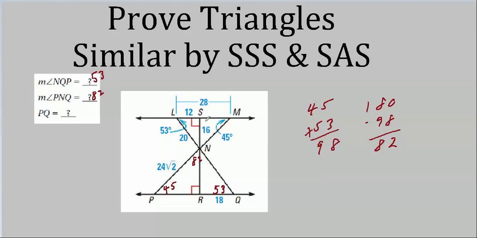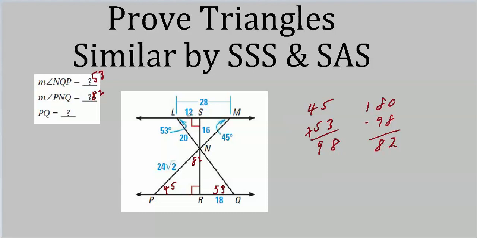And the ratio of the section created when this altitude breaks up this segment over here, the ratio of this segment to this segment has to be the same as the ratio of this segment to this segment, or the ratio of this larger segment to this larger segment. In other words, this 12 to 18, that would be the similarity ratio for all the sides. And that's the only one that we do have a ratio for.